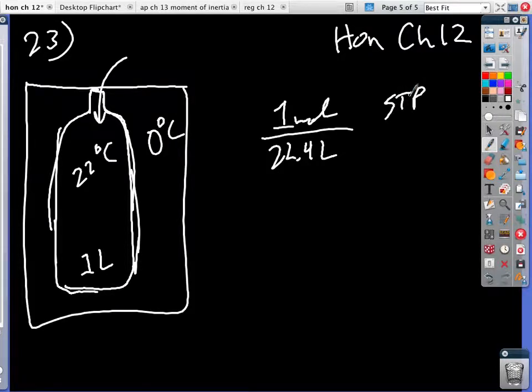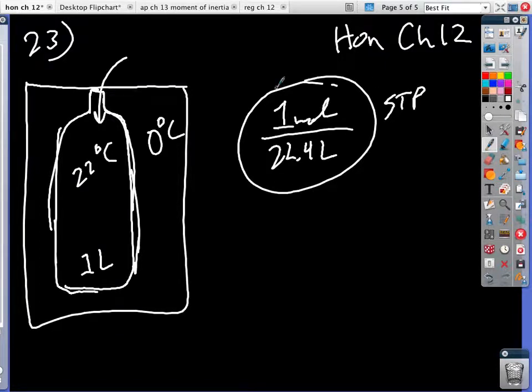And standard temperature is 0, right? And pressure is 1 atmosphere? Standard temperature is 0, yeah, because room temperature is like 20. Okay, so that's cool. So 1 mole of air is this.